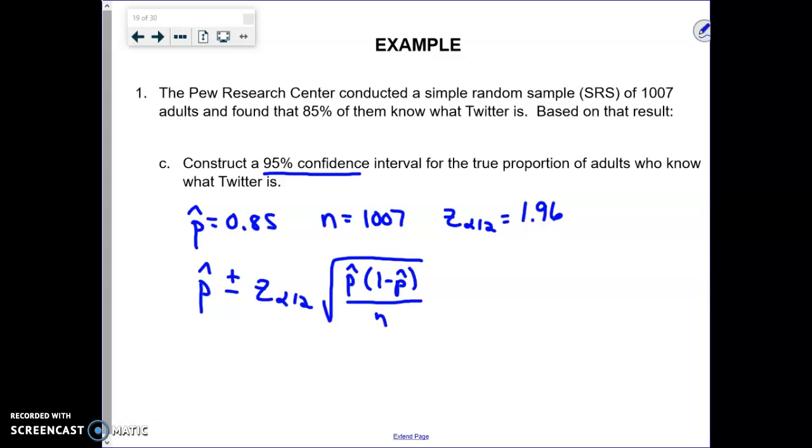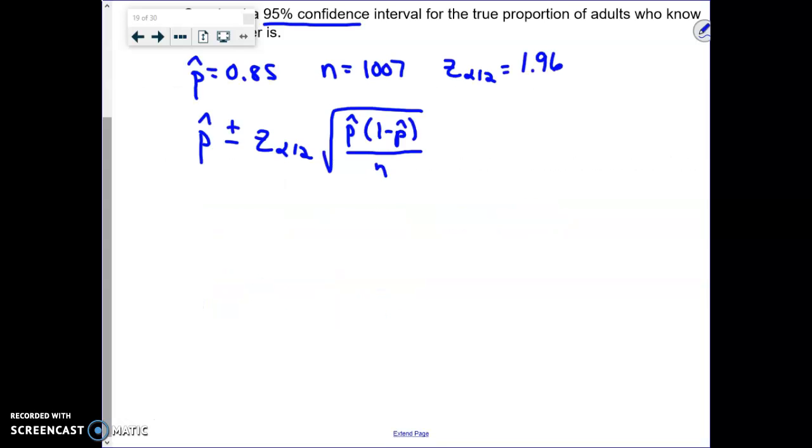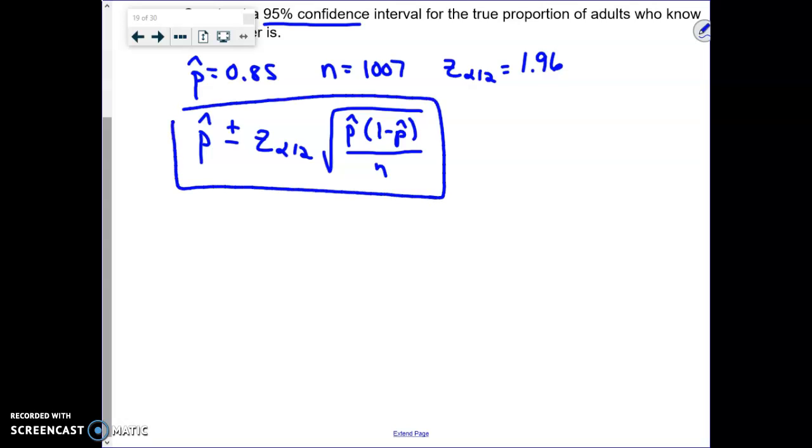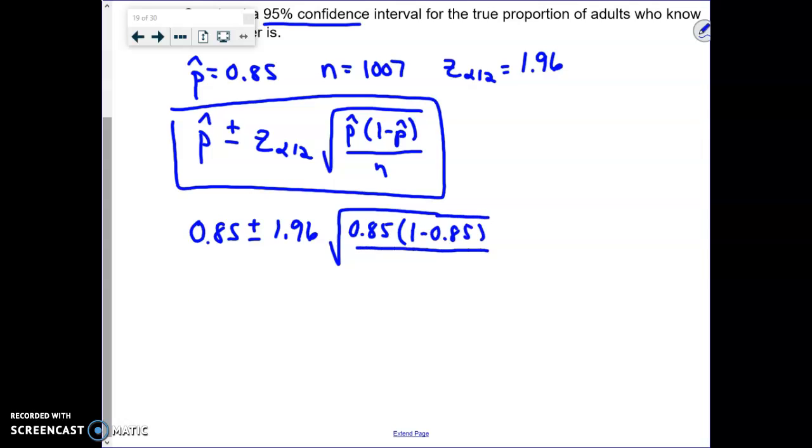I've already done the calculations ahead of time. p hat was 0.85 plus or minus 1.96 times the square root of 0.85 times 1 minus 0.85, and you can write that as 0.15 if you want, all over n.